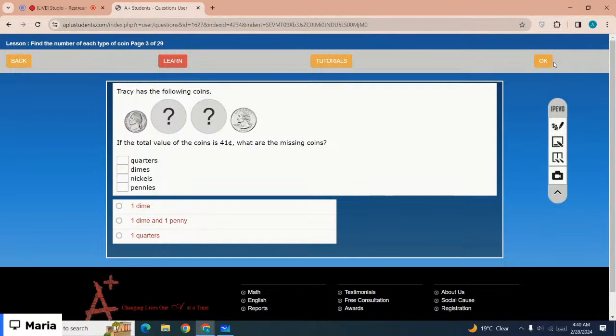If the total worth is 41 cents, you have to find the missing coins, right? So which coins are missing? You need to make the total 41 cents, right? That is 1 penny and 1 dime. Option number 2 is the correct option.